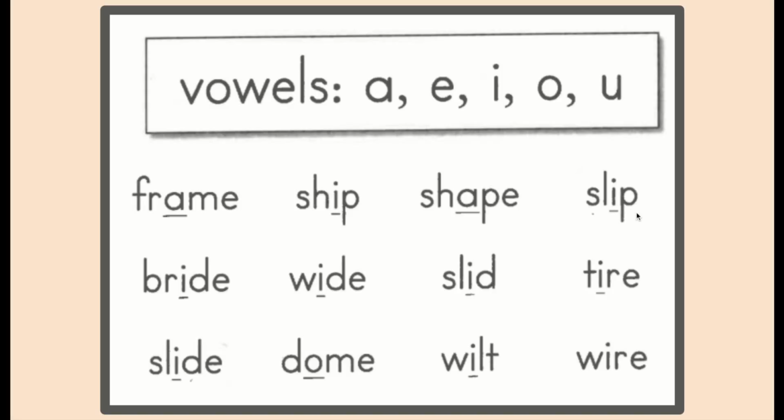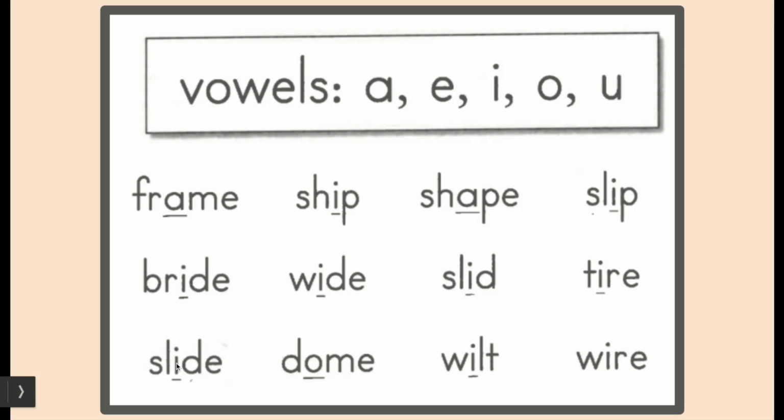No E at the end, the vowel says its sound, I. Slip. E at the end, the vowel says its name, I. Bride. E at the end, the vowel says its name, I. Wide. No E at the end, the vowel says its sound, I. Slid. E at the end, the vowel says its name, I. Tire.